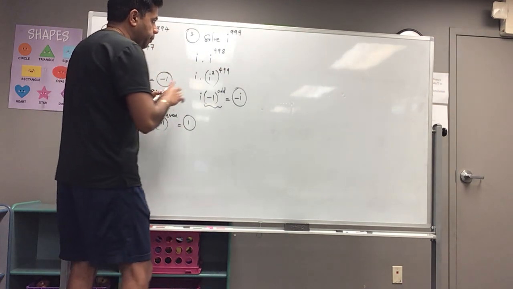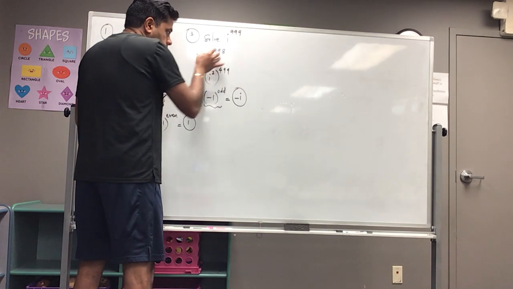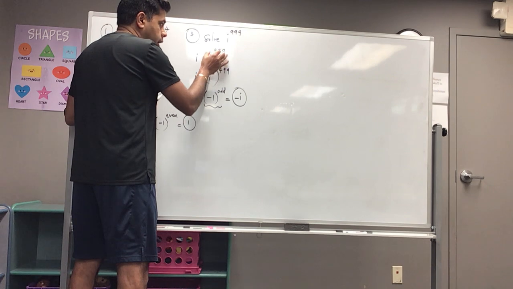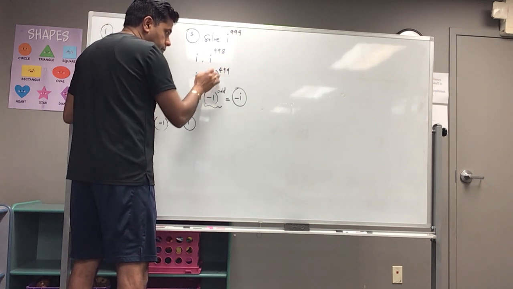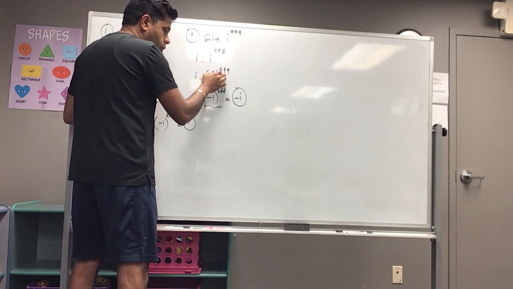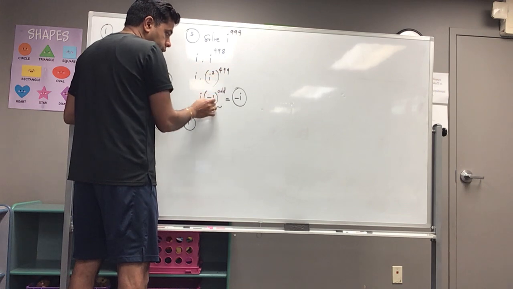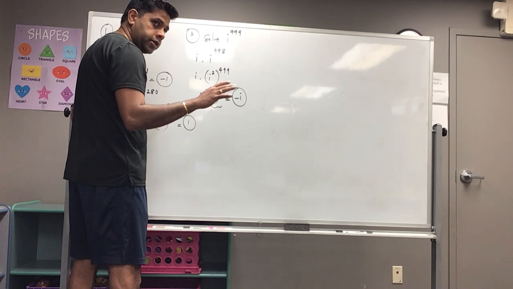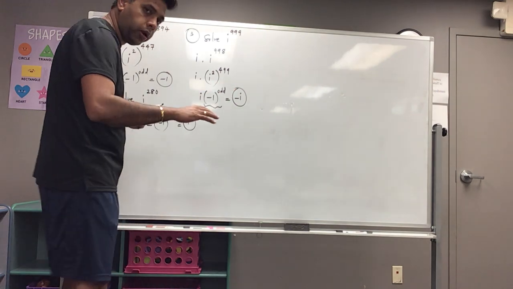Let me repeat this. First, if you have an odd exponent, take one i out. Then you're left with i raised to 998. Divide this number by 2. You're left with 499. Negative 1 raised to odd is negative 1 times i is negative i. Make sense? Any questions?